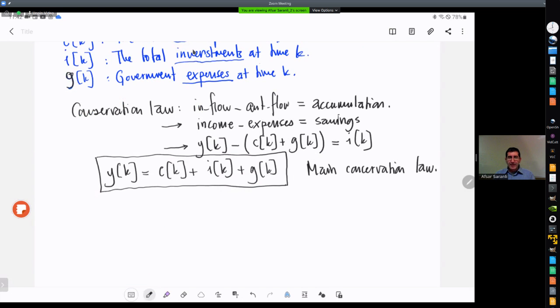There are many suggested models for the interaction of the other variables.